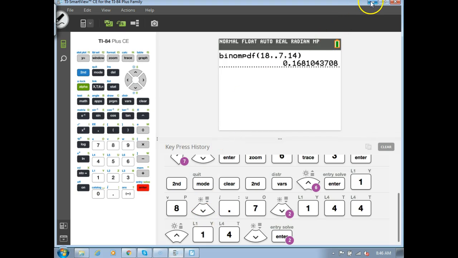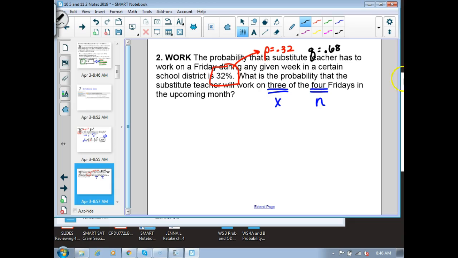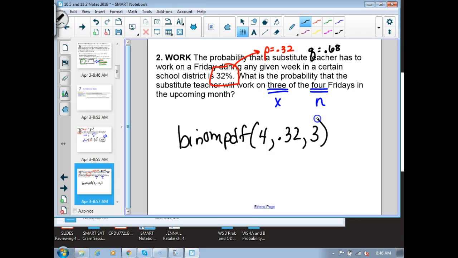And they abbreviate it, of course, binomPDF. And you start with, is it trials first? I always forget, trials first, right? And so 4, comma, 0.32, comma, 3. And this should be a pretty low number. So like 0.089 or 9%.